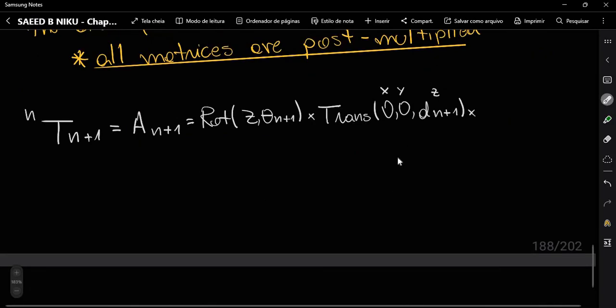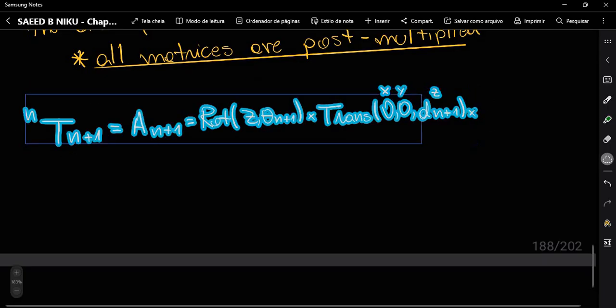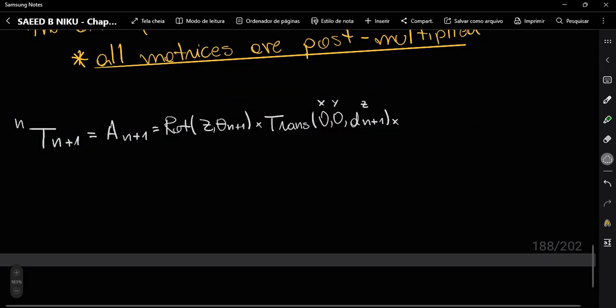So again, I need to make this smaller. A transformation. Now we have only an x component on the x-axis, and we don't have any other component on the other axes.